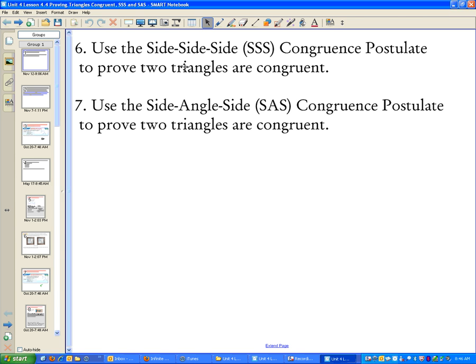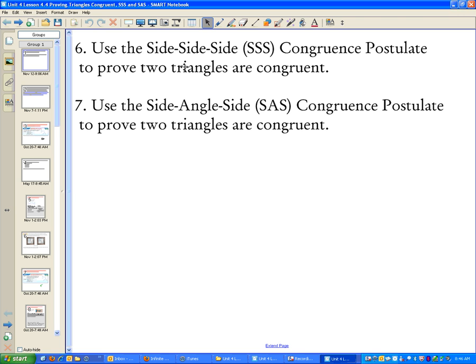We're going to learn 4 methods for proving triangles are congruent that involve half as much work. They involve 3 pairs of corresponding parts that are congruent. But it's got to be the right 3 pairs. Okay? It's not just any old 3 pairs. It's got to be the right 3 pairs.